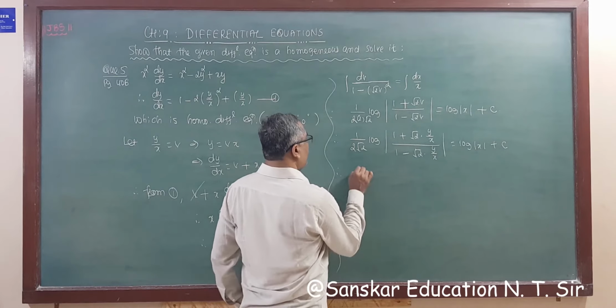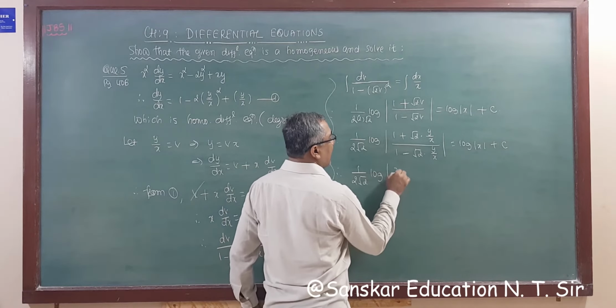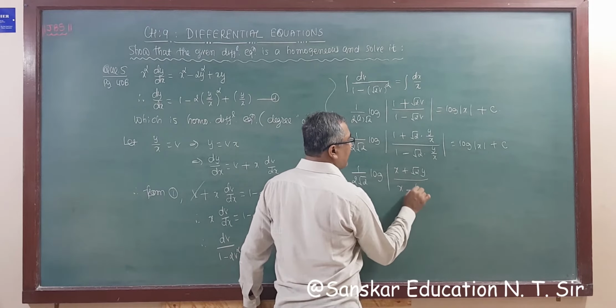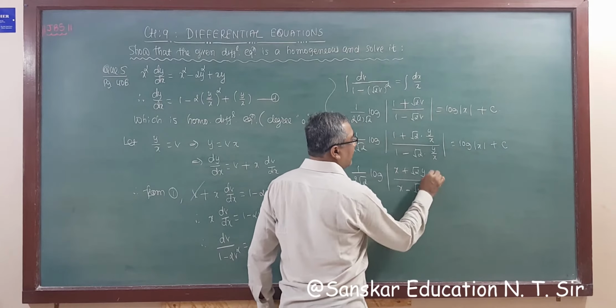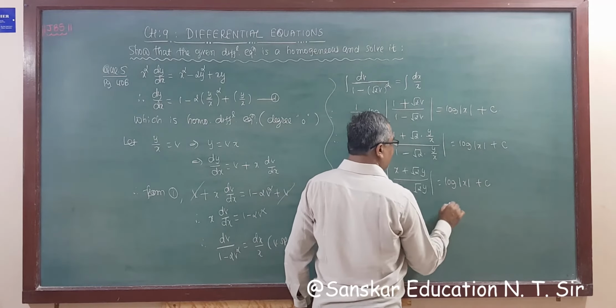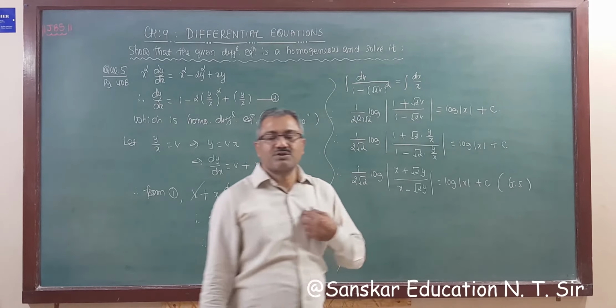So 1 upon 2 root 2 log of (x plus root 2y) whole upon (x minus root 2y) is equal to log mod x plus c, which is your required general solution.